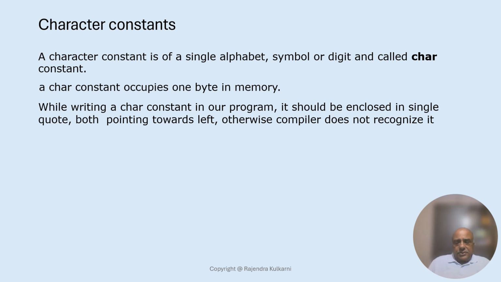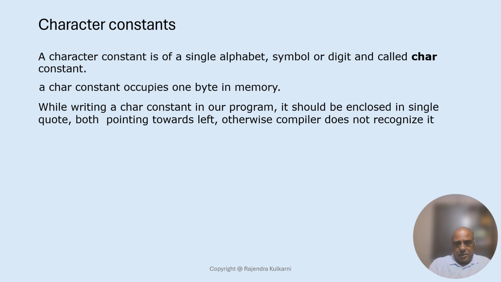There is a peculiar style by which we should write a char constant in our program. It should be enclosed in single quotes, both pointing towards left. Unless we write the char constant in this fashion, the compiler does not recognize it.